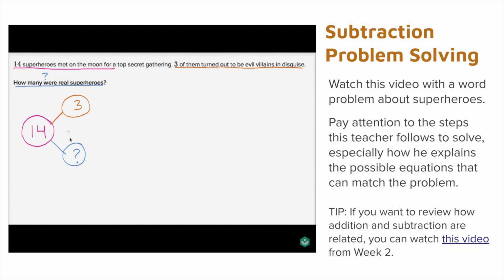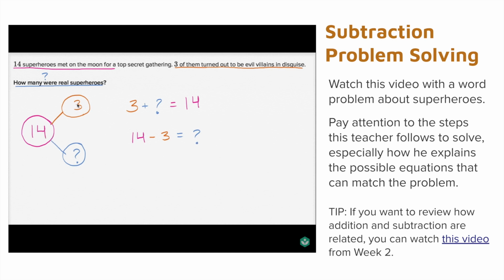And so this relationship could be written in different ways. You could write that the 3 villains plus the question mark real superheroes is going to be equal to the total number of characters that met on the moon. Or you could say, well, if 3 plus question mark is 14, well then 14 minus 3 is going to be equal to question mark. And you see it right over here.